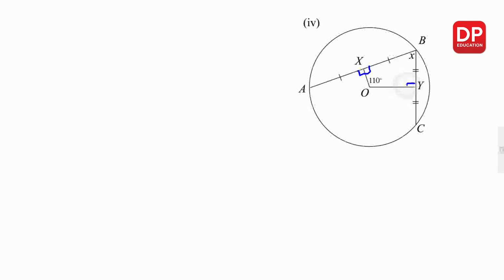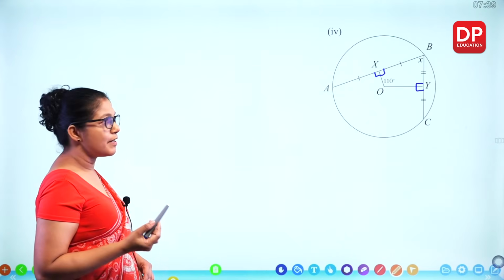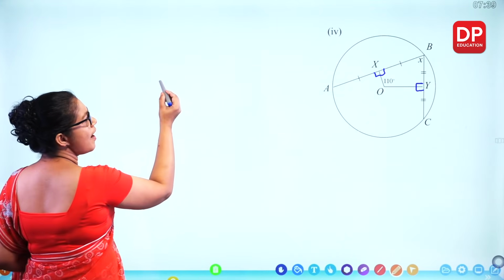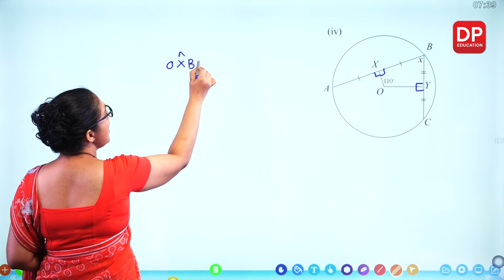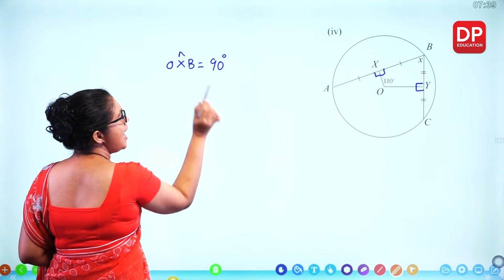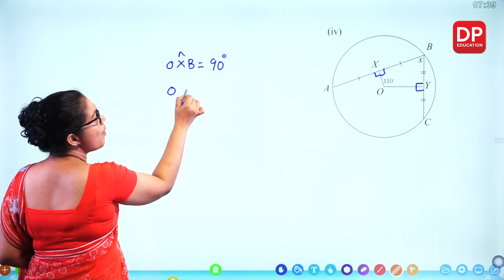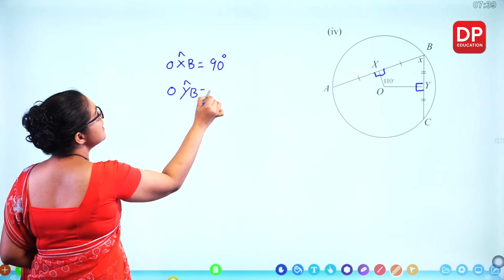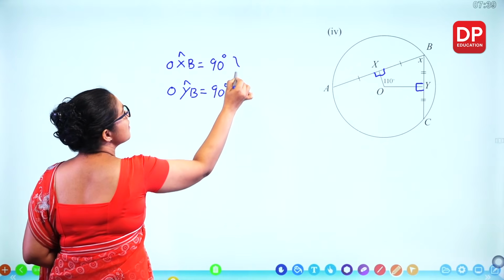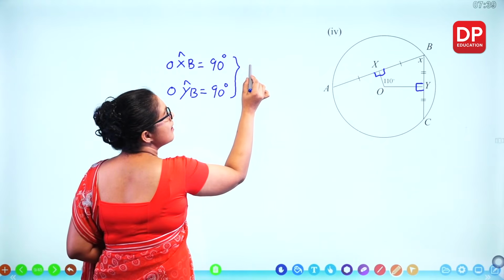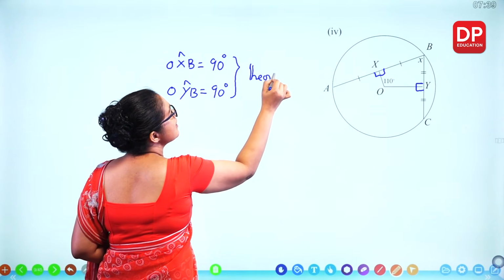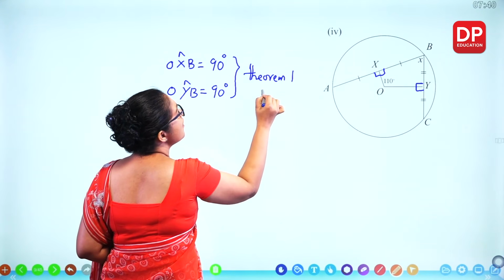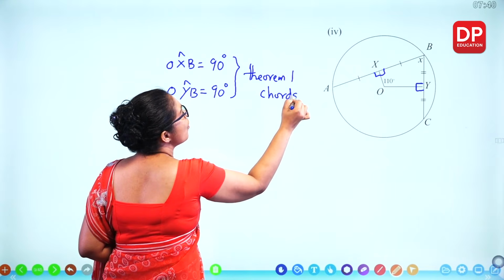So that's also 90 degrees. So straight away, according to theorem number 1, you can write angle OXB is 90 degrees as well as angle OYB is 90 degrees. What's the reason? According to theorem number 1 related to chords.